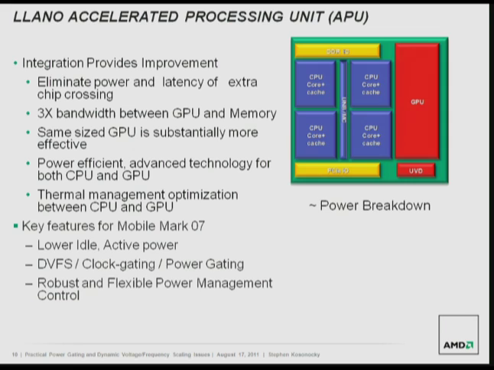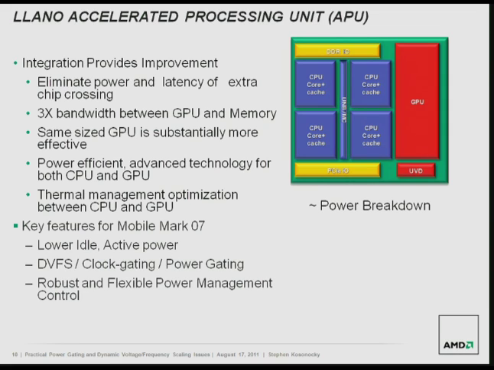So in our APU, or Llano Accelerated Processing Unit, one of the key things this chip offers is high performance on demand. By integrating the GPU with the CPUs, we eliminate power and latency of the extra chip crossing. We get 3x more bandwidth between the GPU and memory, and for the same size, the GPU is substantially more effective. And power efficient and advanced technology for both CPU and GPU can be used.